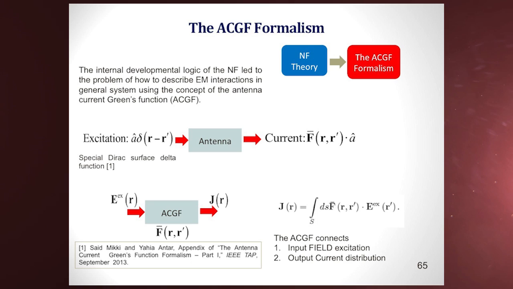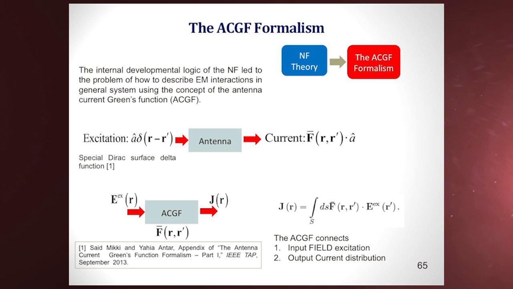And basically, how you determine the antenna current Green function, there are various ways to do it. You can do it from measurements. You can actually do it using numerical methods with some development and so on. But you can see that the excitation here is just like in a system, a spatial delta function. I'm not going into details of it here, but it's a bit analytical.